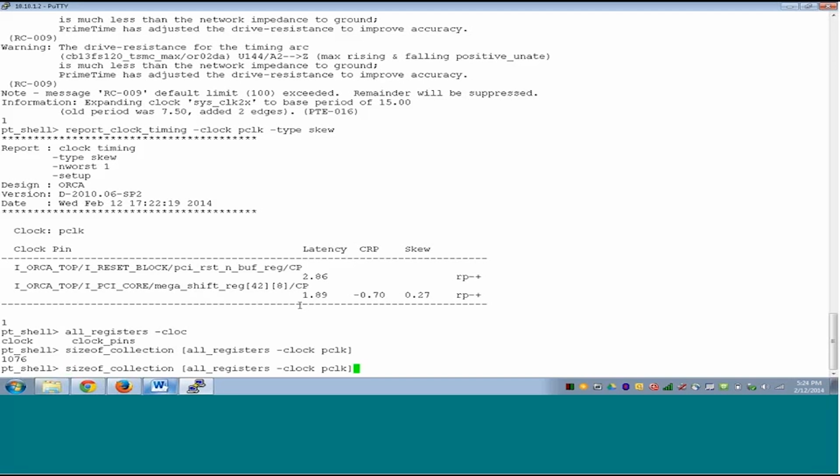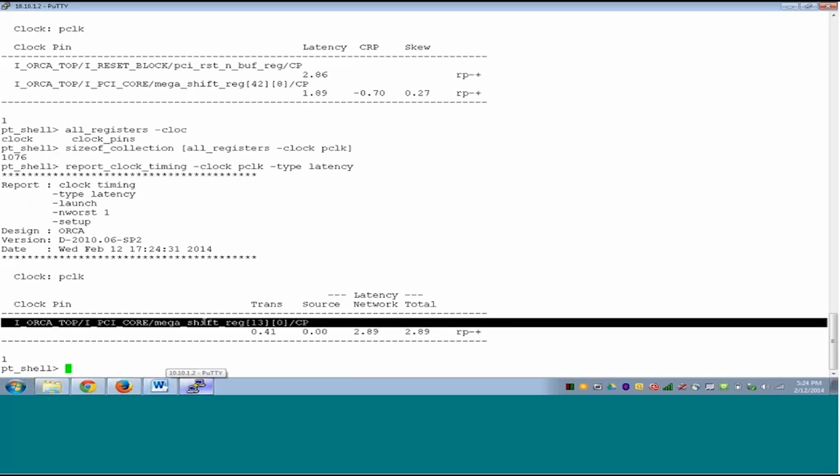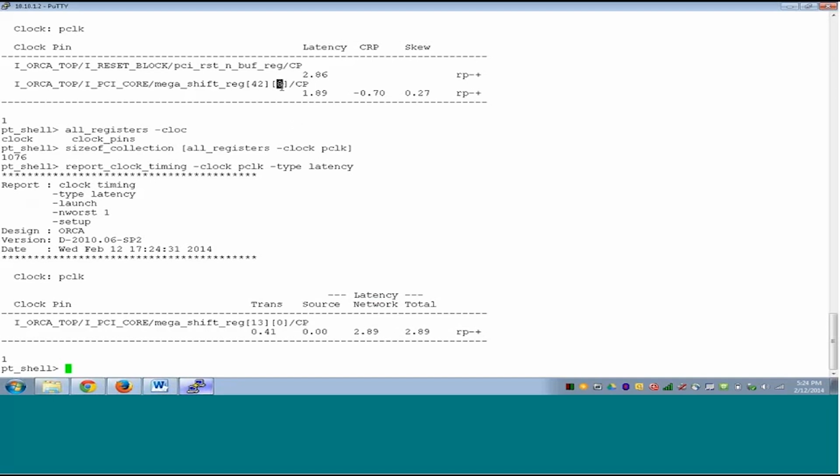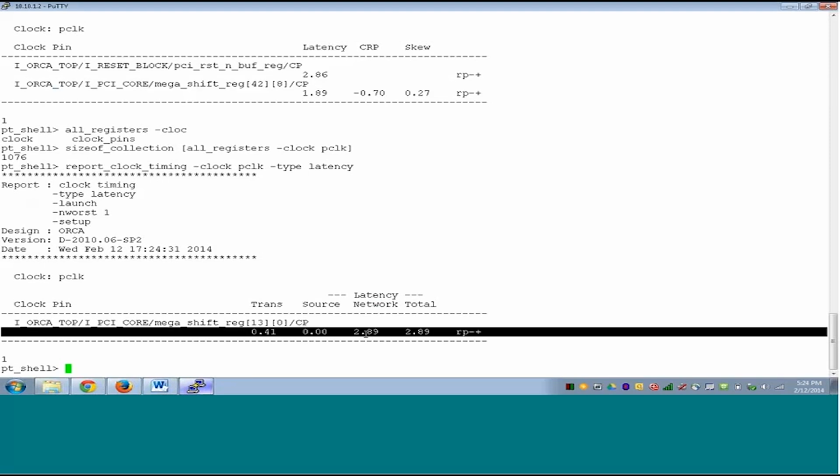You can also say minus type latency, and right now it's giving only one clock, giving the total latency to be 2.89.